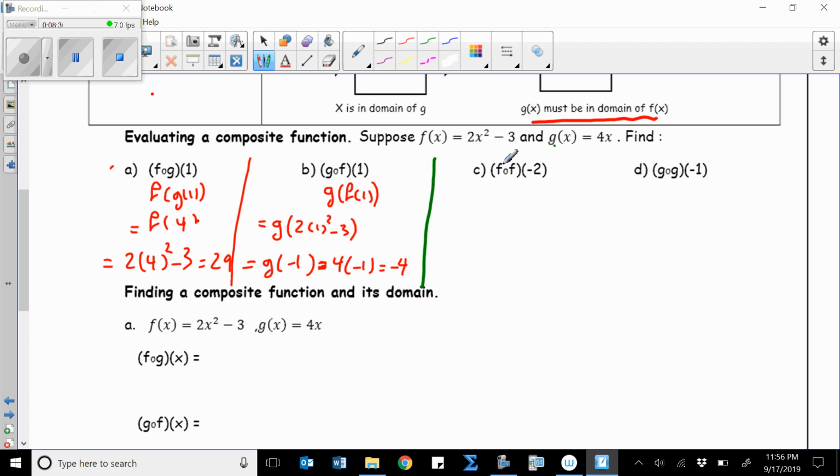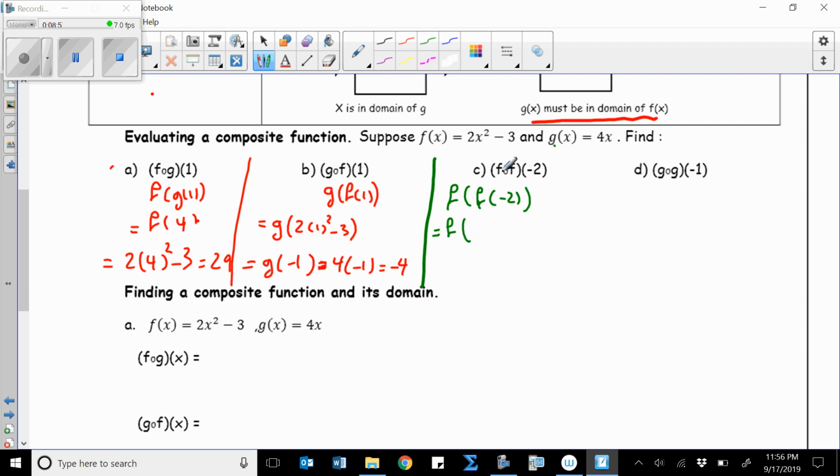This time we're composing f of x with itself. So I need to find f of f of negative 2 this time. So let's start with the inside one first. What is f of negative 2? First of all, let's keep the outside function untouched here.